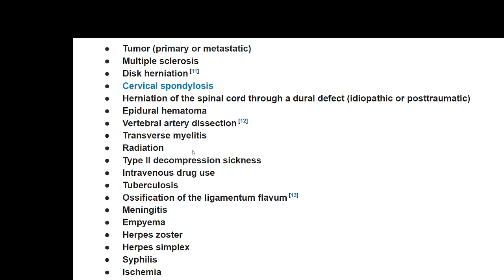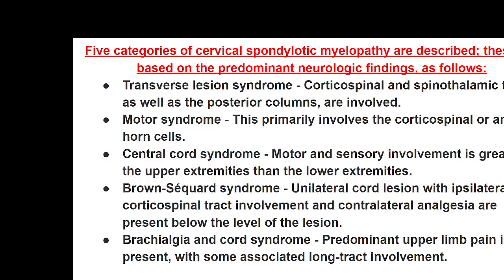Epidural hematoma, vertebral artery dissection, transverse myelitis, radiation during chemotherapy, management of the tumors, type 2 decompression sickness, where the patient may have a sudden decompression due to either flying at a height or coming up from a high pressure area like a seabed. Then intravenous drug use, tuberculosis, ossification of ligamentum flavum, which we have already referred to in the spondylitis conditions, meningitis, empyema, herpes, syphilis, ischemia, hemorrhages also can be causes.